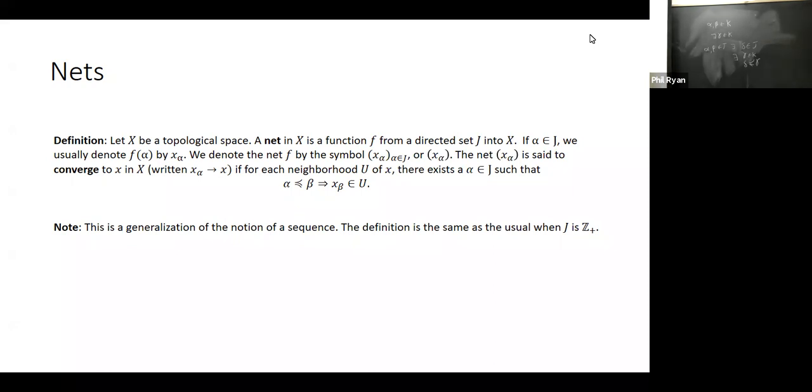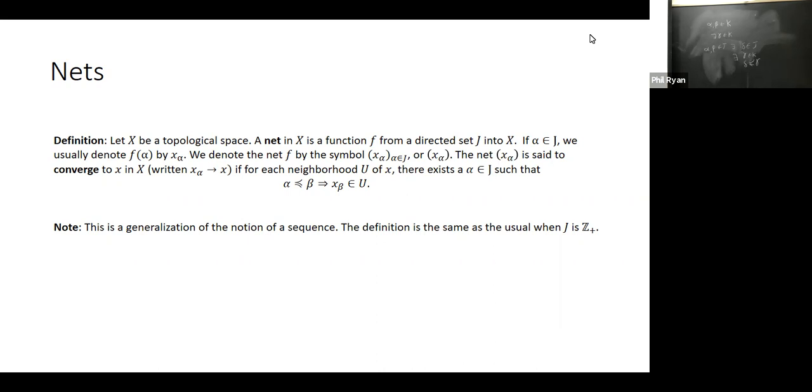We are talking about, it says it's a function on a topological space, but are we talking about open sets or just elements of a topological space? So U is an open set because it's a neighborhood. But from the directed set, we're mapping to elements.